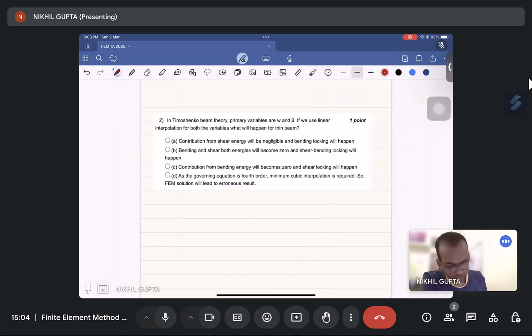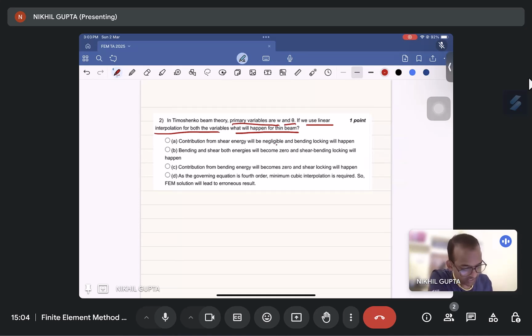The second question says, in the Timoshenko beam theory, primary variables are W and theta. If we use linear interpolation for both variables, what will happen for thin beams? So let's figure out the options which are given.